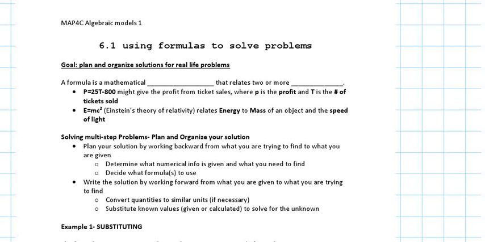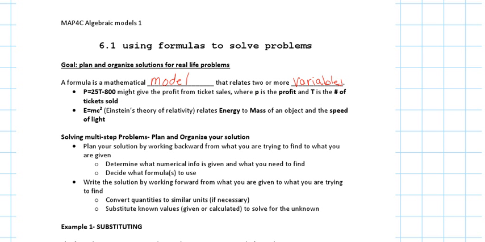Okay, so a formula is a mathematical model that relates two or more variables. Can you guys read this? So for example, I have the first equation here, which is P equals 25t minus 800.